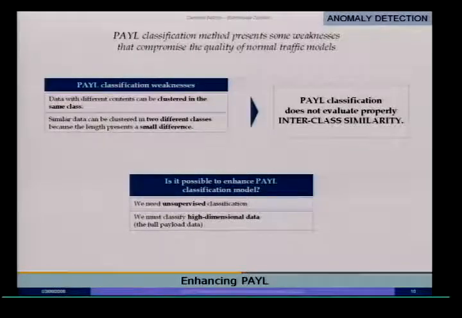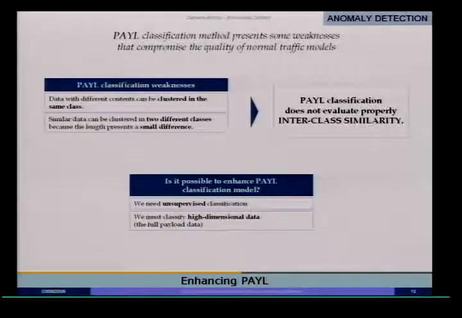While using a different parameter such as the shape, an apple and a banana, whatever the weight, would be classified in two different models. And this is the case for PAYL, because two payloads being quite the same, but having a small difference in the payload length, will be split in two different clusters, in two different models, and this is not a good classification.